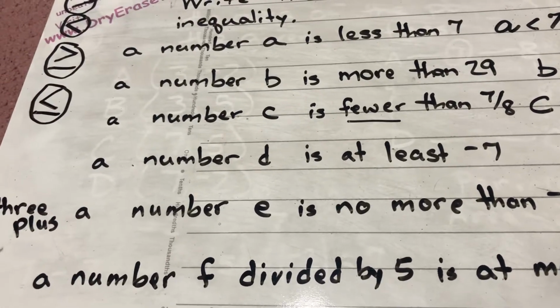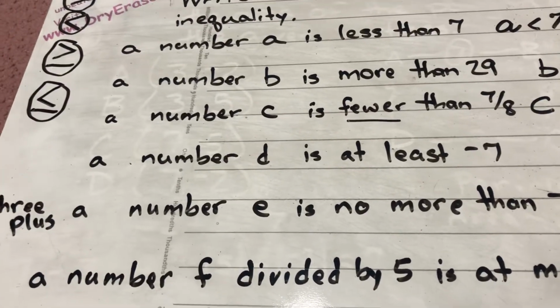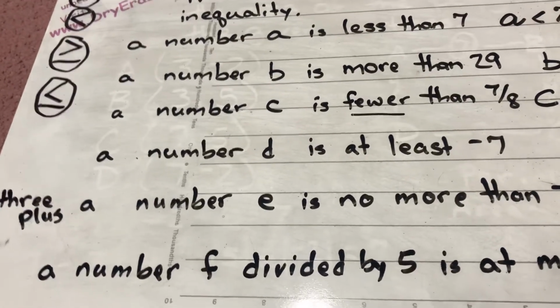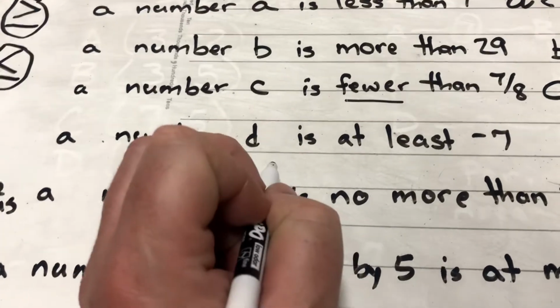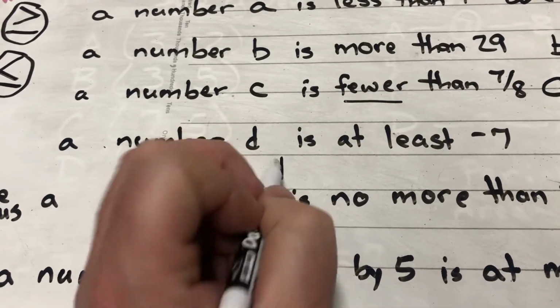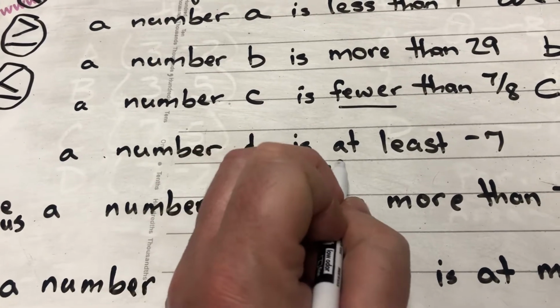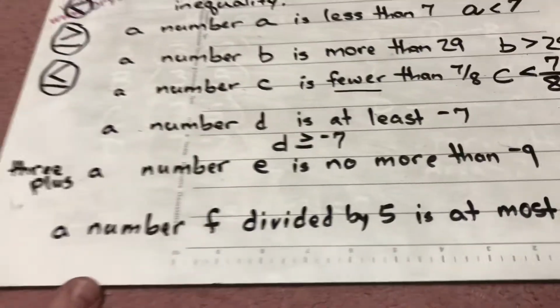If I say I walked at least 8 miles, that means I walked 8 miles, but I may have walked more. At the very minimum, it was 8 miles. So this idea, a number D is at least -7, that means that D is greater than or equal to -7. It's at least -7.